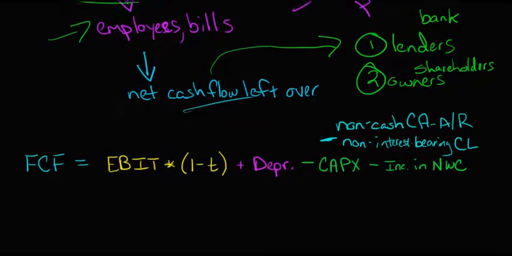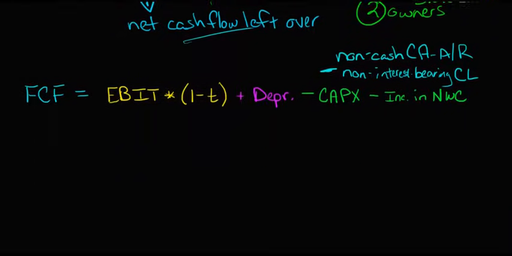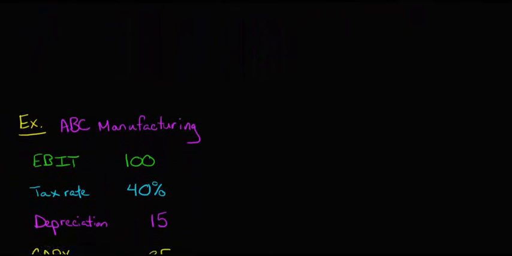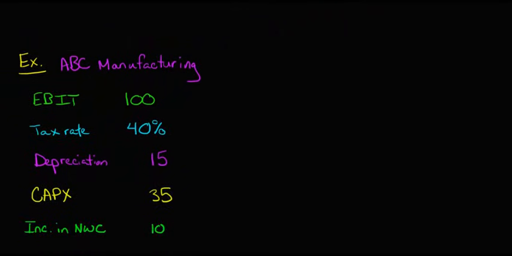But let's look at an example. If I scroll down a little bit here, I've got an example. Let's say a firm that manufactures bottles, ABC Manufacturing, they make beer bottles. We can calculate the free cash flow if we have these items at the left of the screen.